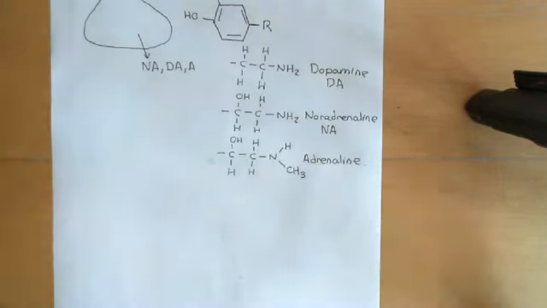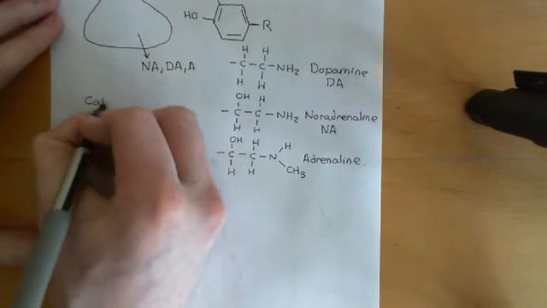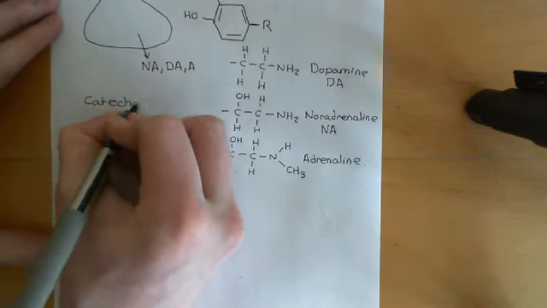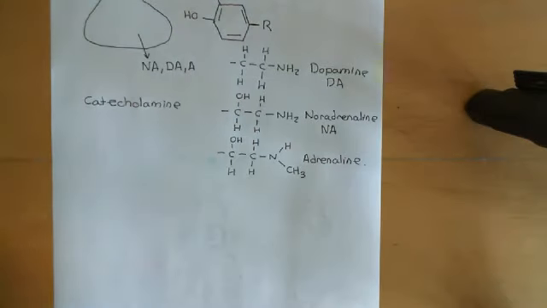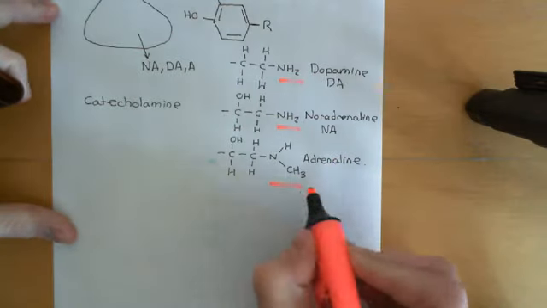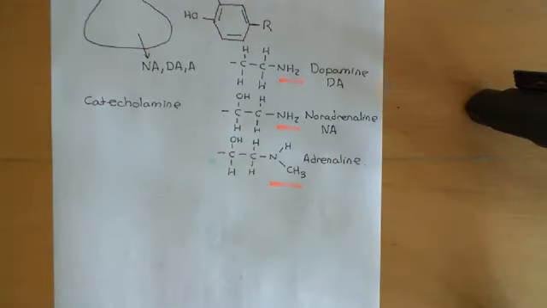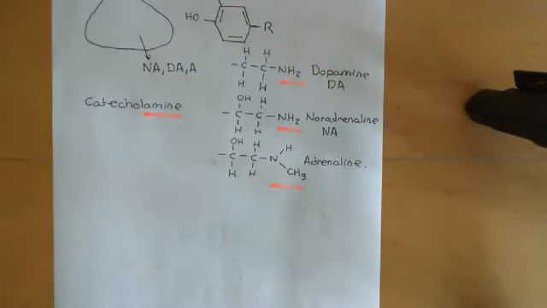Those are the 3 catecholamine neurotransmitters, and they're called that because they have a catechol ring, and they also all have an amine group. Dopamine has an amine group, noradrenaline has an amine group, adrenaline has an amine group. Hence catecholamine.